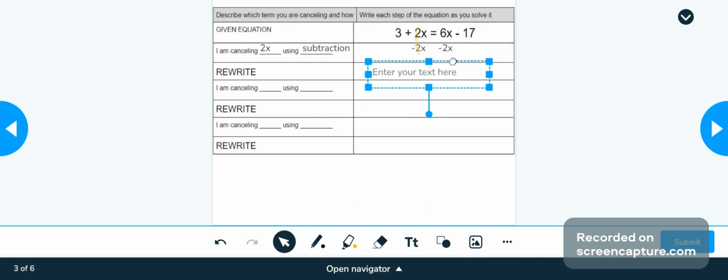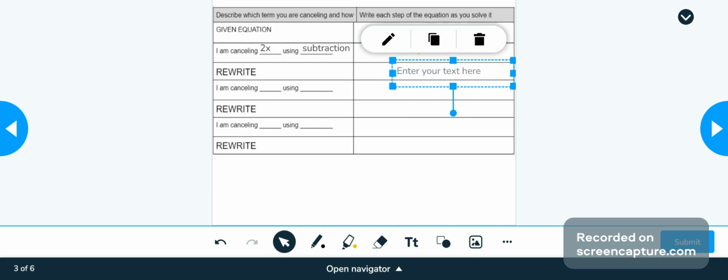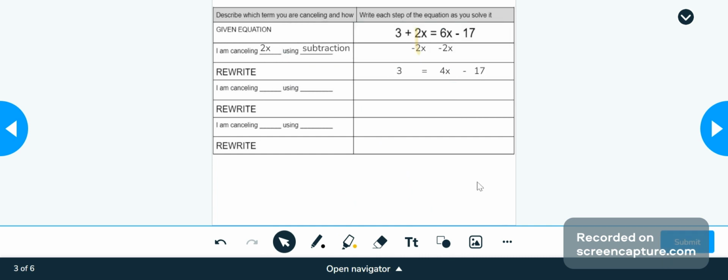And the equation here is going to be 3 equals 4x minus 17.